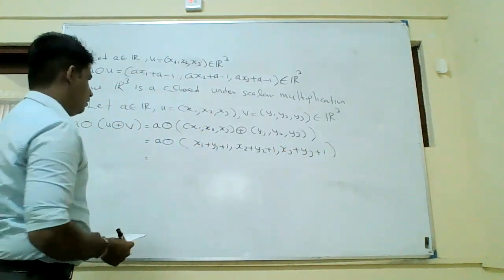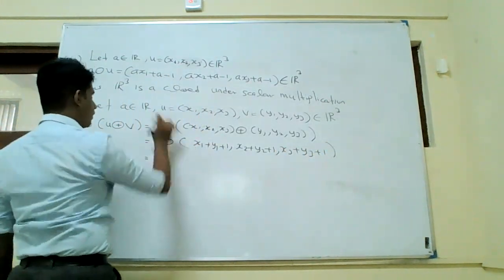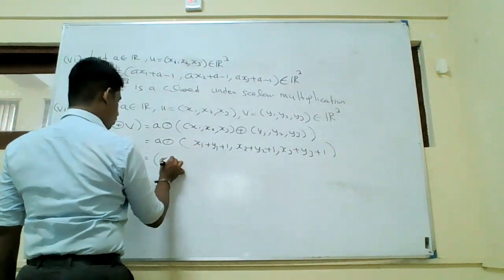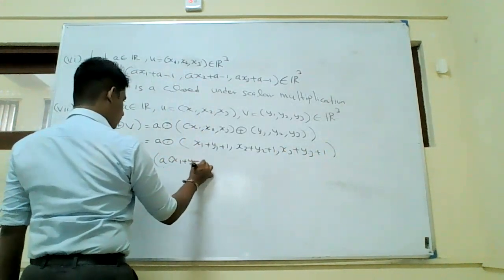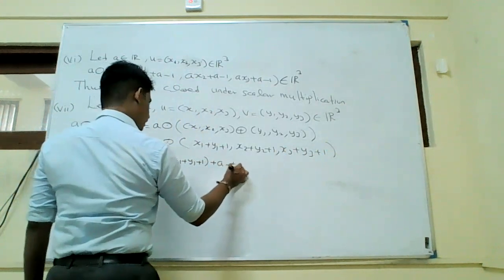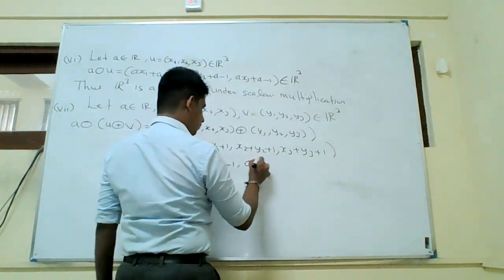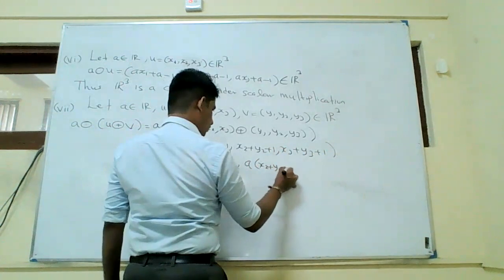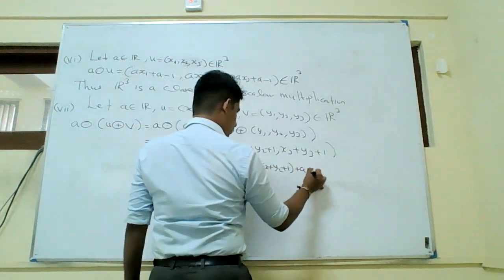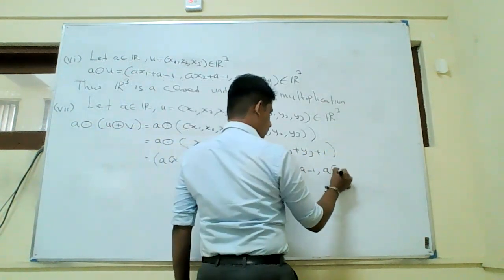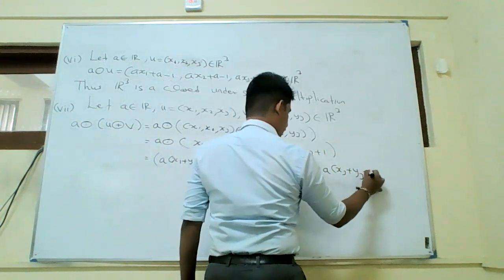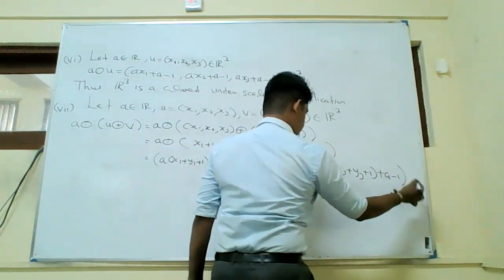Now the scalar multiplication is also given, so a times this gives (a(x1 + y1 + 1) + a - 1, a(x2 + y2 + 1) + a - 1, a(x3 + y3 + 1) + a - 1).